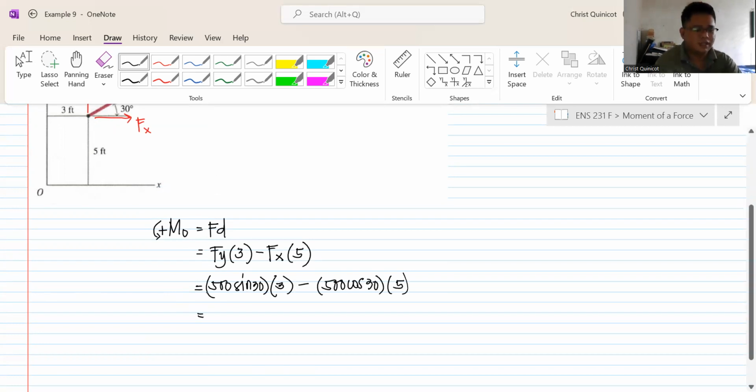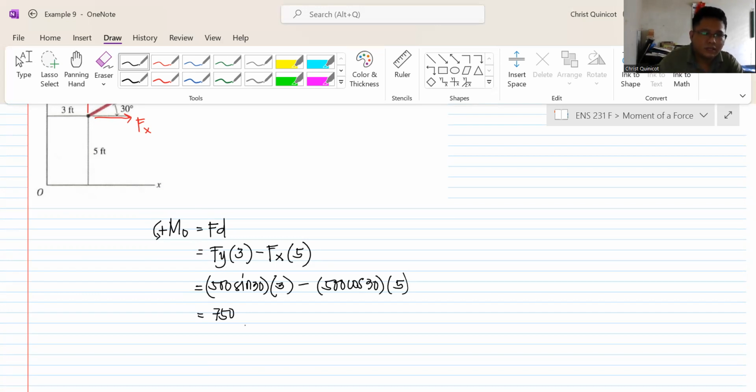So 500 sine 30 is 250, times 3 is 750. This is now in pound-feet. And then 500 cosine 30 is 433 point something, times 5.